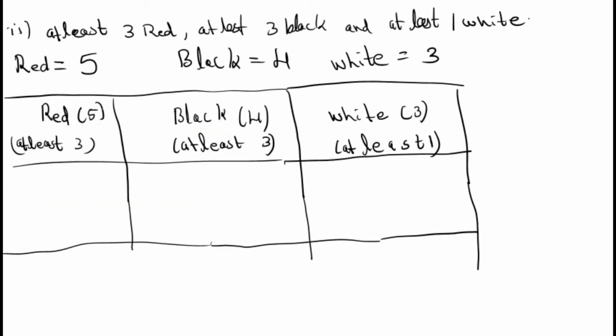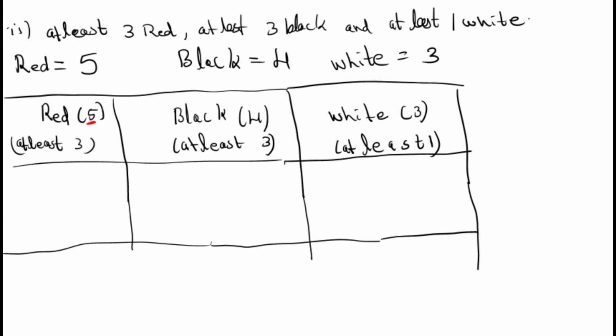See the second condition: at least 3 red, at least 3 black, and at least 1 white. Given 5 red balls, you need to take at least 3. That means minimum 3. What's the maximum? Maximum is equal to 5. Then at least 3 black balls from 4 black balls, at least 1 white ball from the 3 white balls. See, write the possible values.